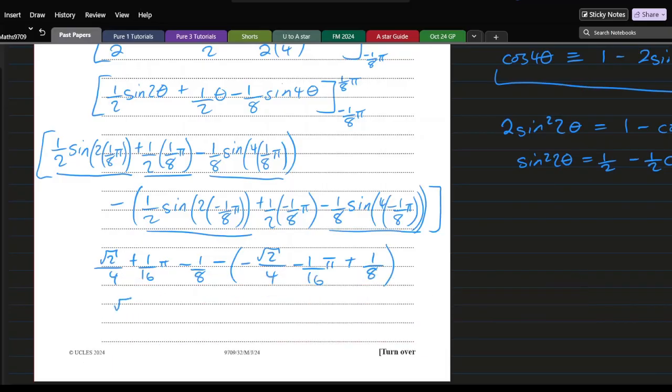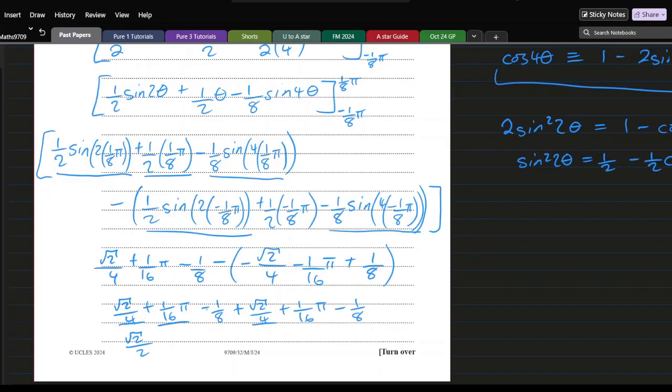We've got root 2 over 4 plus 1 over 16 pi minus 1 over 8. Let's expand our bracket. So that's positive root 2 over 4, positive 1 over 16 pi, minus 1 over 8. Okay, so root 2 over 4 plus root 2 over 4 gives us root 2 over 2.